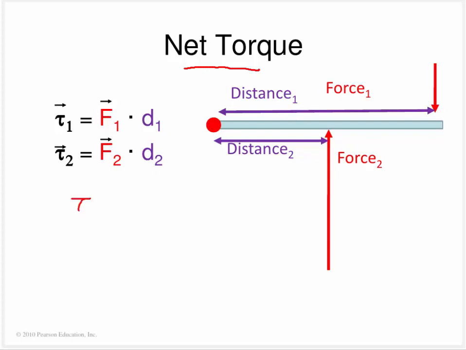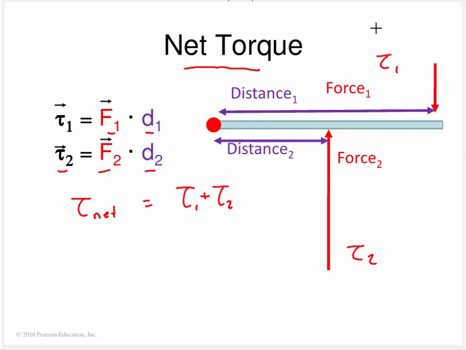So we know that net torque is going to be like net force, where it's the sum of the forces. So we could have torque 1 plus torque 2. In this case, we're going to call this guy torque 1, force 1 times distance 1, and this torque right over here torque 2, force 2 times distance 2.